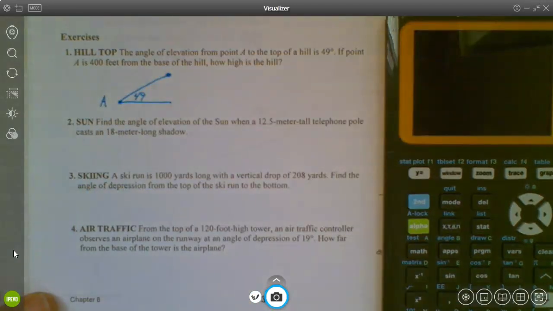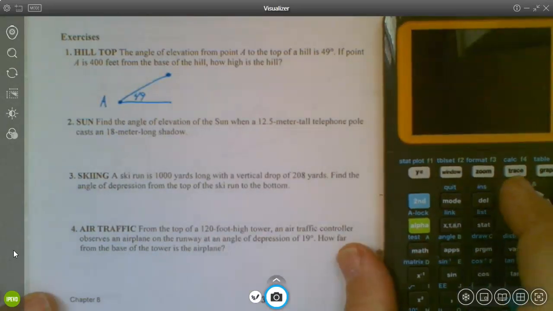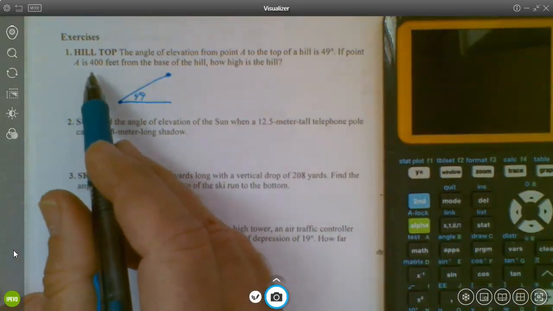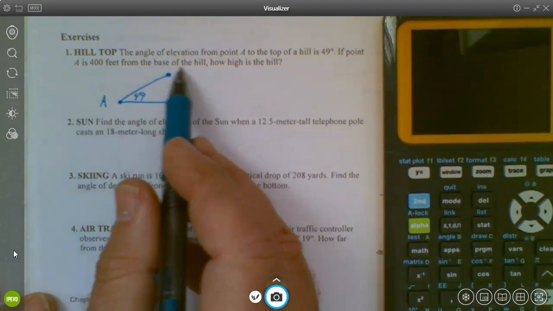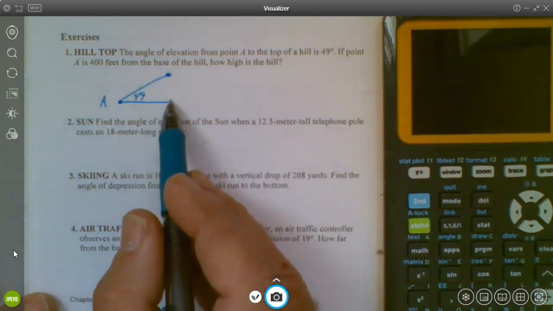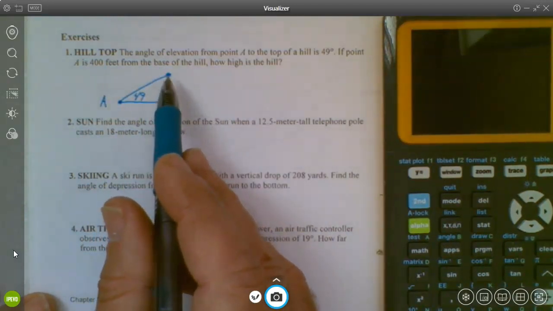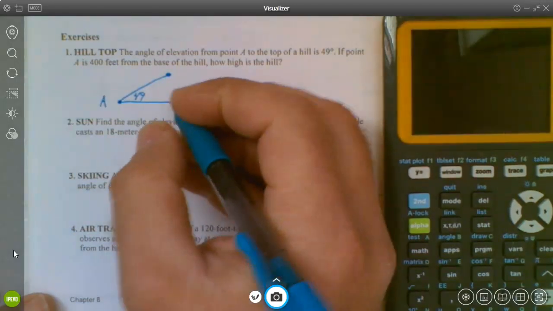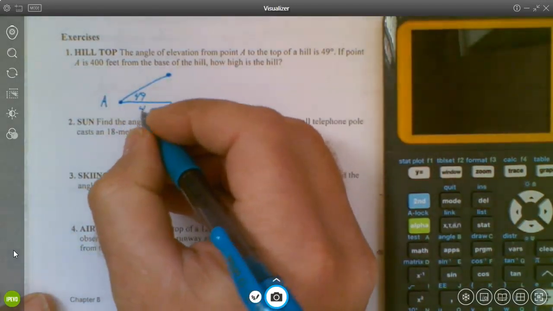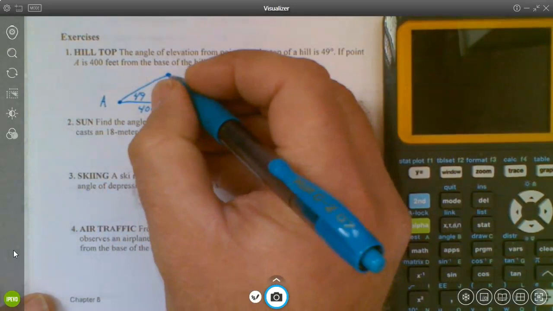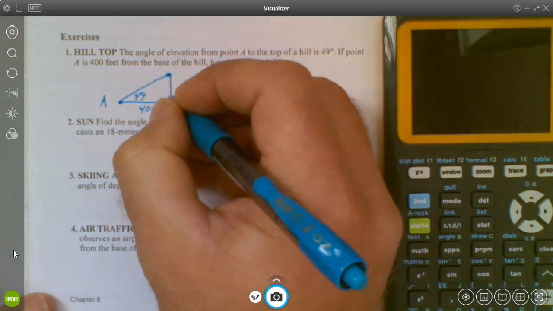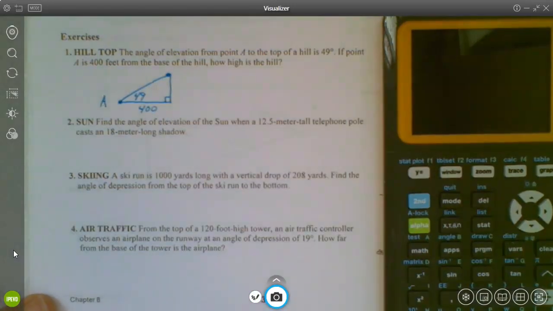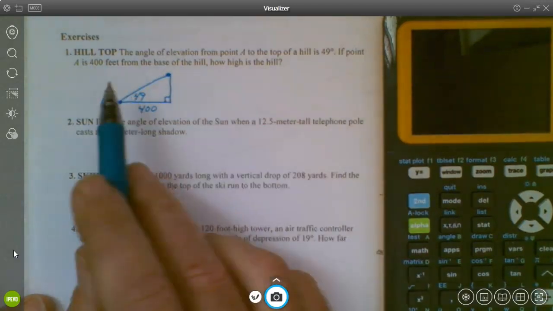So there's my 49 degrees. And it says that the point A is 400 feet from the base of the hill. So here's the bottom of the hill. Here's the top of the hill. So this one says that it's 400 feet from the base of the hill. So here's our drawing.